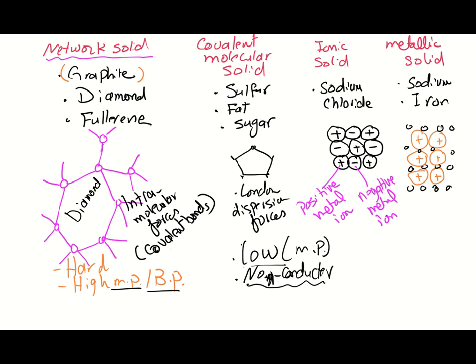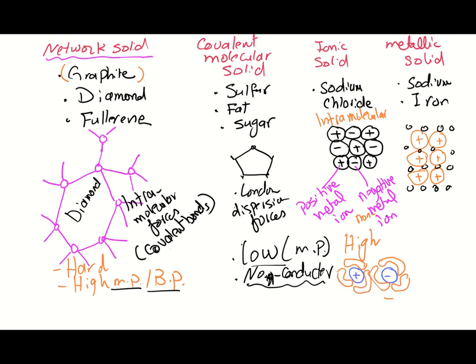Regarding electric conductivity, they have ions, but the ions are tightly held in position. So when they are solids, they are poor conductors of electricity. But in solution, they will conduct electricity, because the positive and negative ions separate and are surrounded by water molecules.